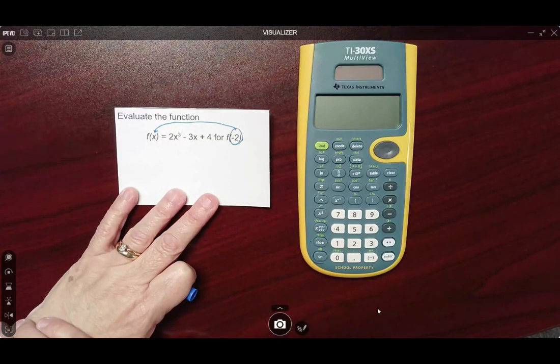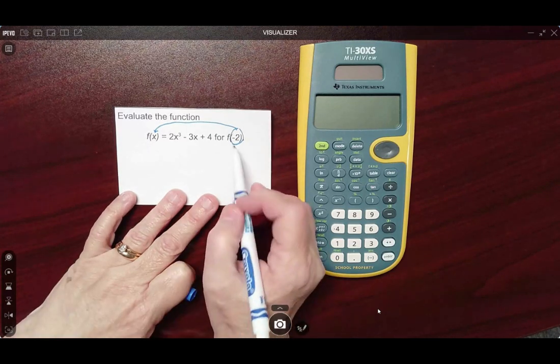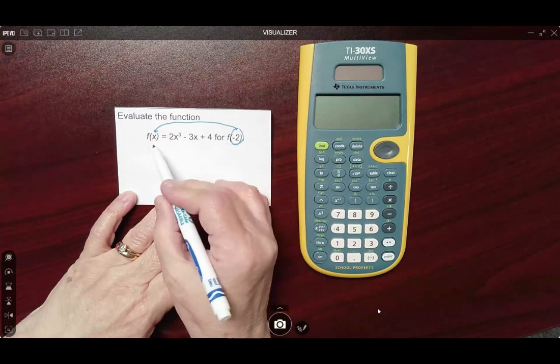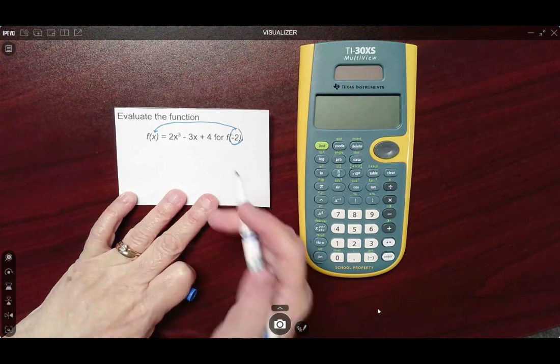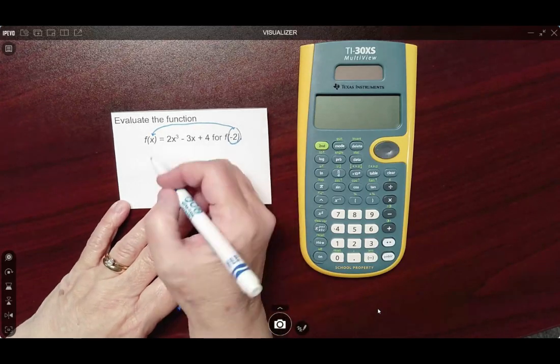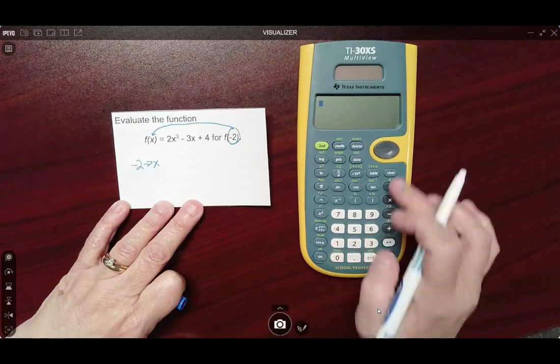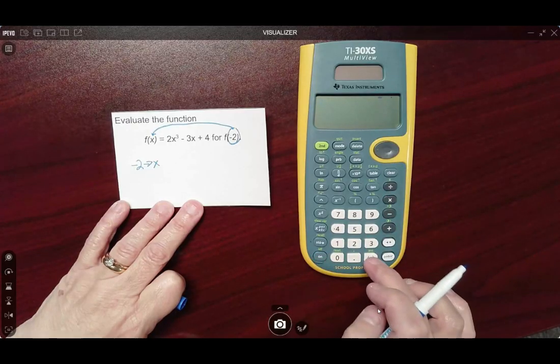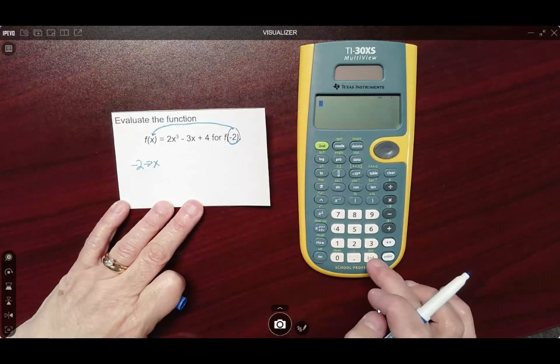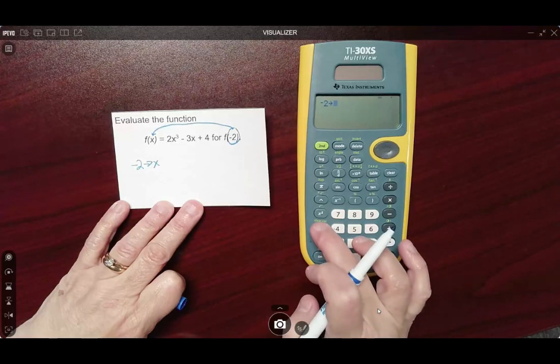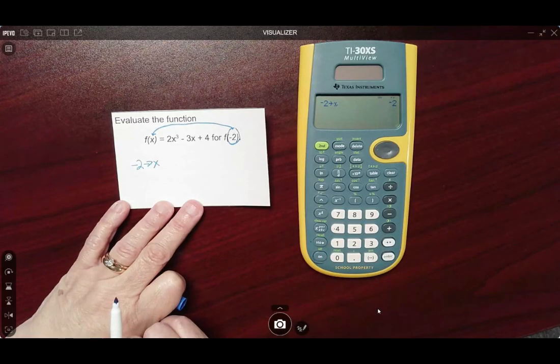So if you have function notation, this is just going in for the x. So we're going to use our store button, and we're going to store -2 for x. So on our calculator: number, store, letter, -2, store, x, enter. And now the calculator has -2 stored for x.